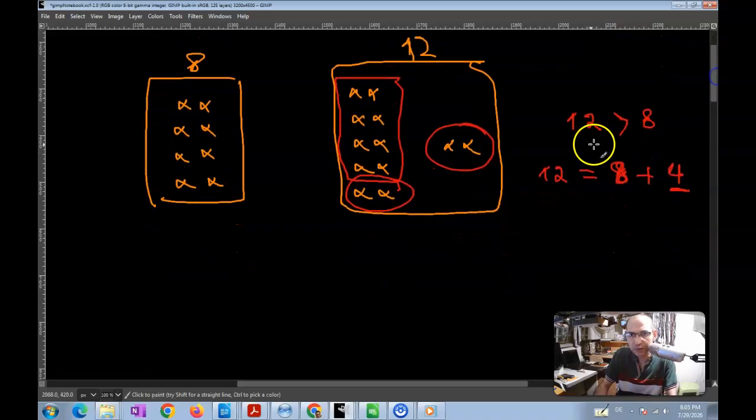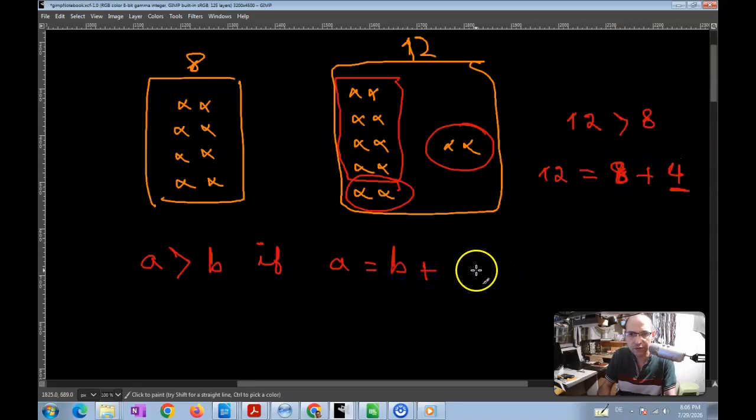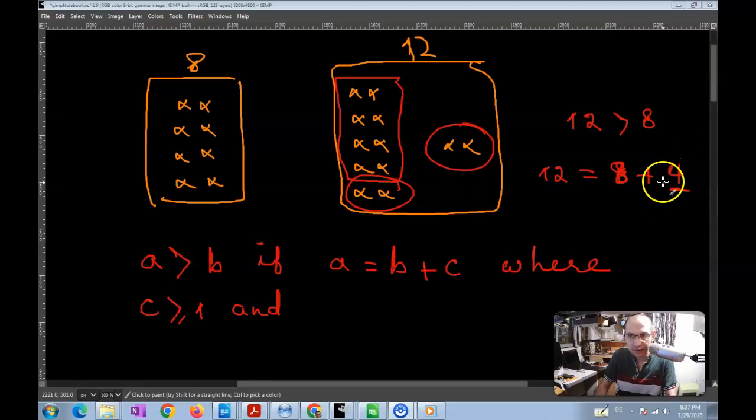I can say that 12, I can call it, for example, A, is greater than some number, for example 8, I'm going to call it B, if A is equal to B plus some number C, which is this 4 over here, where this number is some number greater than or equal to 1.